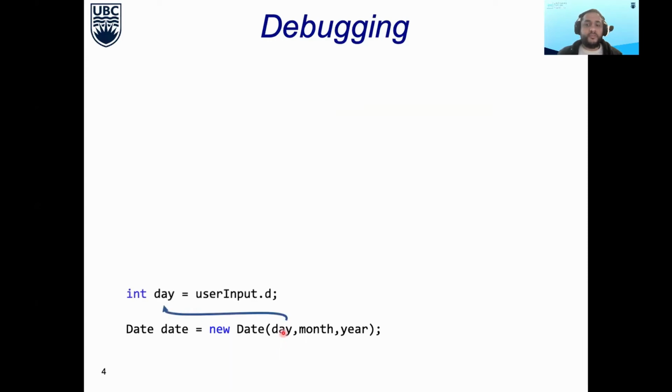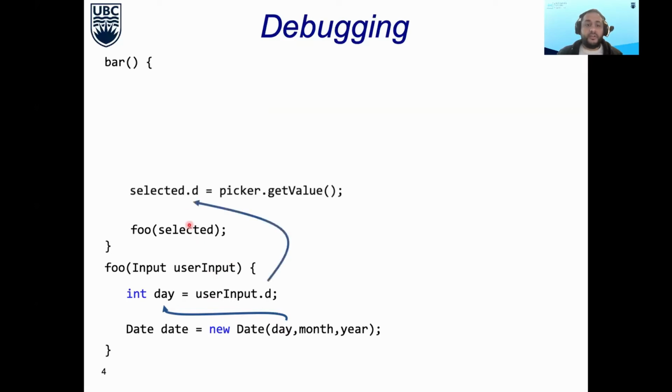They will attempt to find the definition of the variable day, which is set to user input.d. User input is passed as a parameter to the method. The same parameter is called selected in the method that calls foo, where the value of the field d is actually set to the value returned by picker.getValue method.